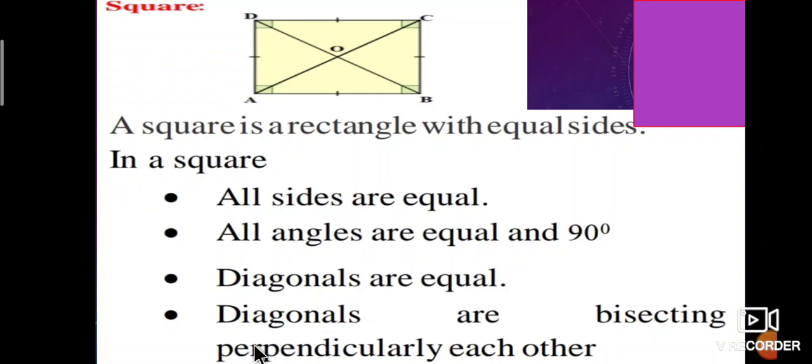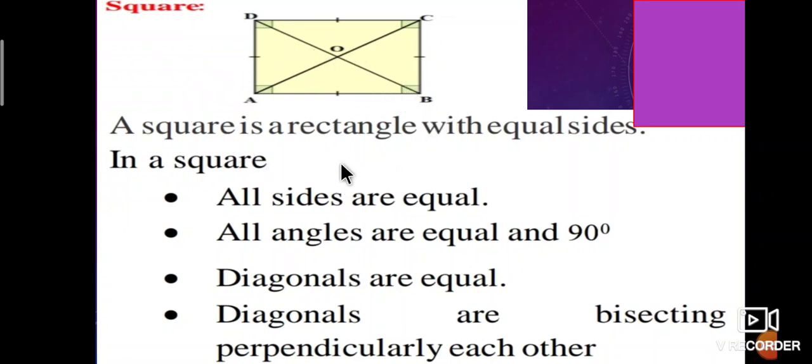Next, diagonals bisect each other perpendicularly. It means, observe students, at point O all angles are 90 degrees, because the diagonals bisect perpendicularly.